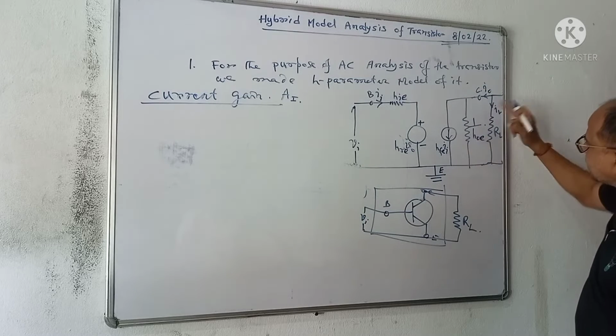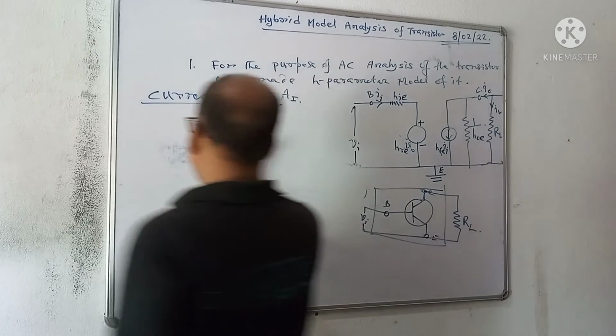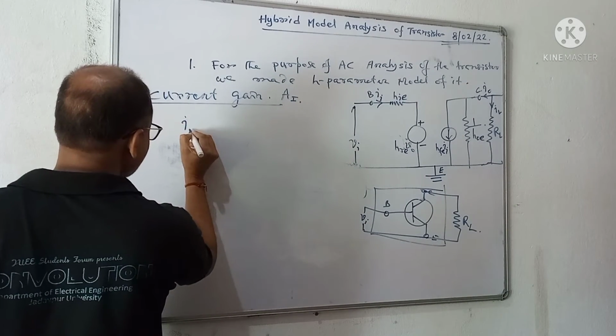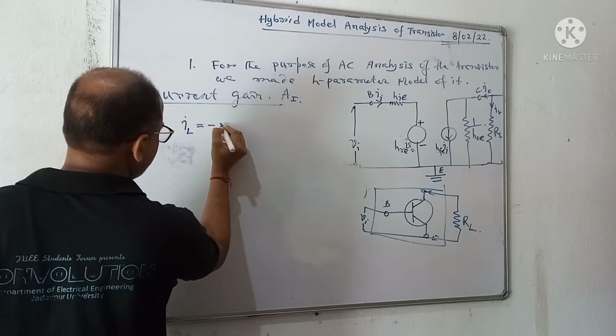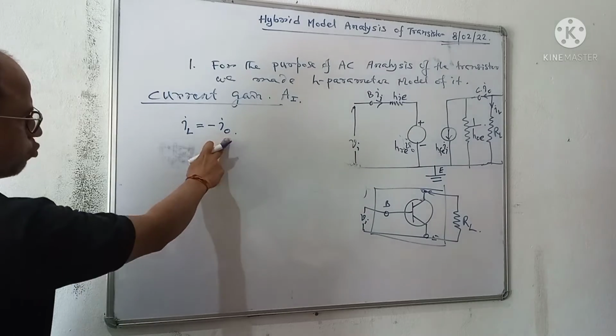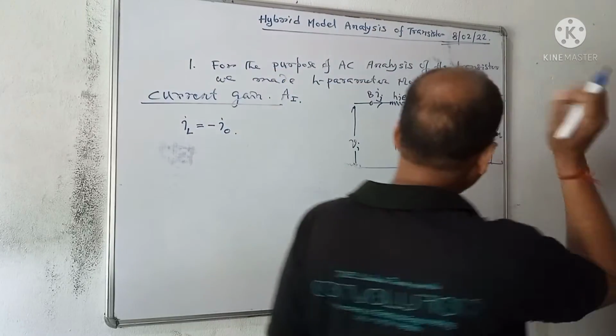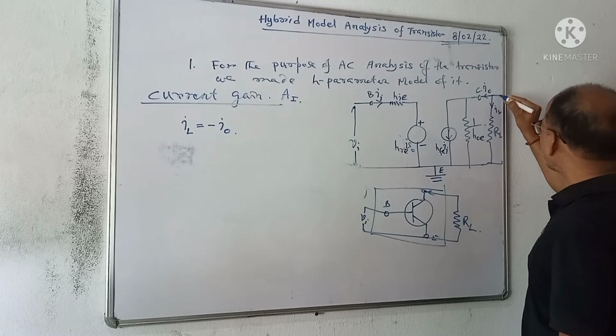One is going in this direction, the other in this direction. Therefore IL is equal to minus I0, load current and output current. And second is V0. This is your V0.